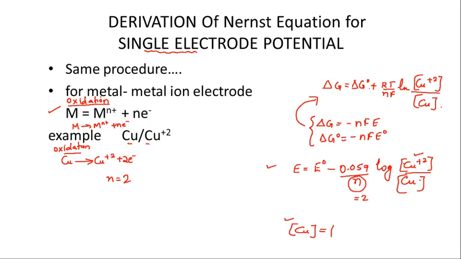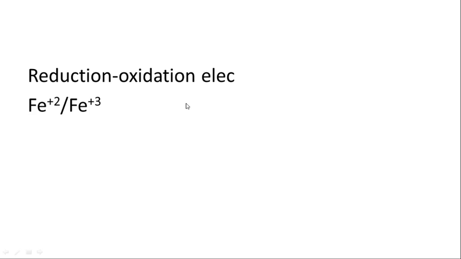Now this is for the metal ion electrode. You can have any other type of electrode. Now here we have taken the redox electrode.